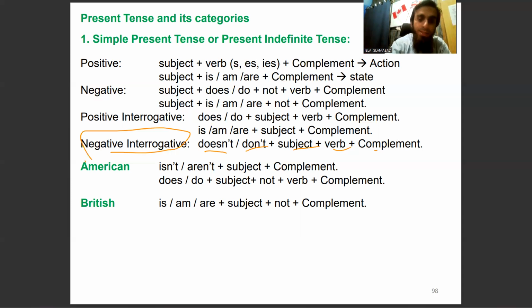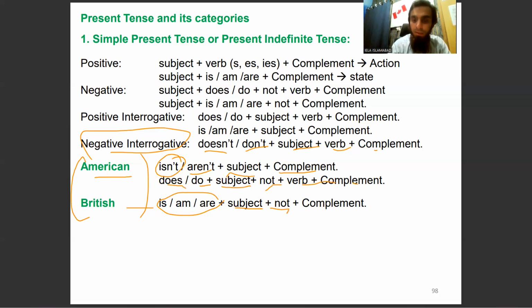And now there is a little minor difference in American and British with the tense. And what is that? We are going to consult that right now. For American, we use isn't, aren't, plus subject plus complement, right? Doesn't, don't plus subject plus verb. But in British, we use is or are plus subject plus not.